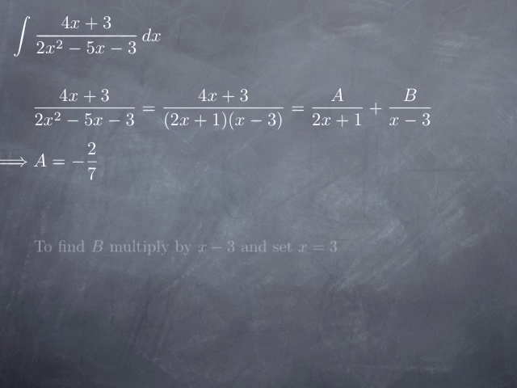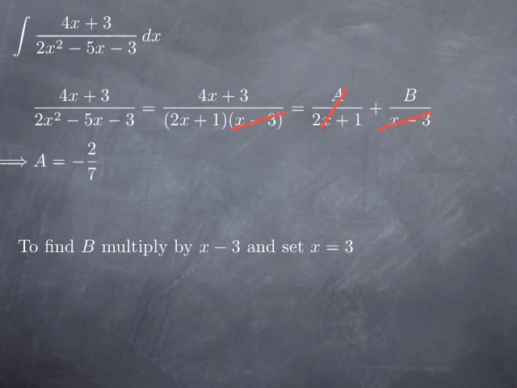Similarly, to find b, we multiply by x minus 3 and set that equal to 0, in other words, set x equals 3. In doing so, x minus 3 cancels out on the left-hand side and below b, and the term containing a becomes 0 because we set x minus 3 equal to 0.